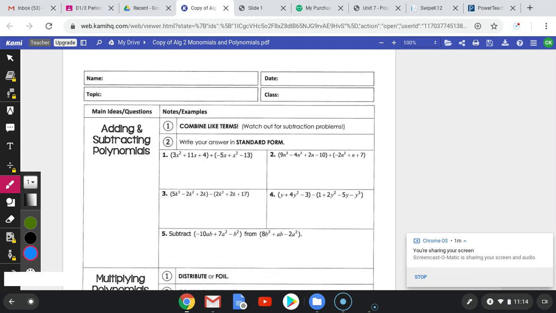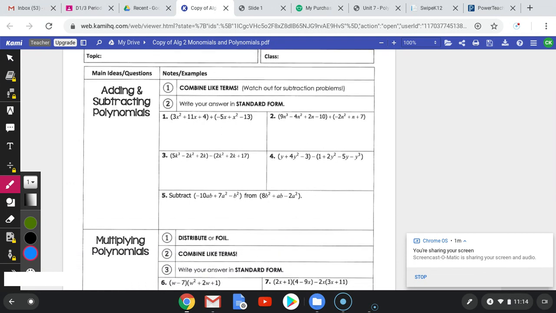So adding and subtracting. With this one here, remember, just combine like terms. 3x squared combines with x squared, and we are adding here, so 3x squared plus x squared is 4x squared. Next, the positive 11x combines with the negative 5x, so 11x plus negative 5x is plus 6x.